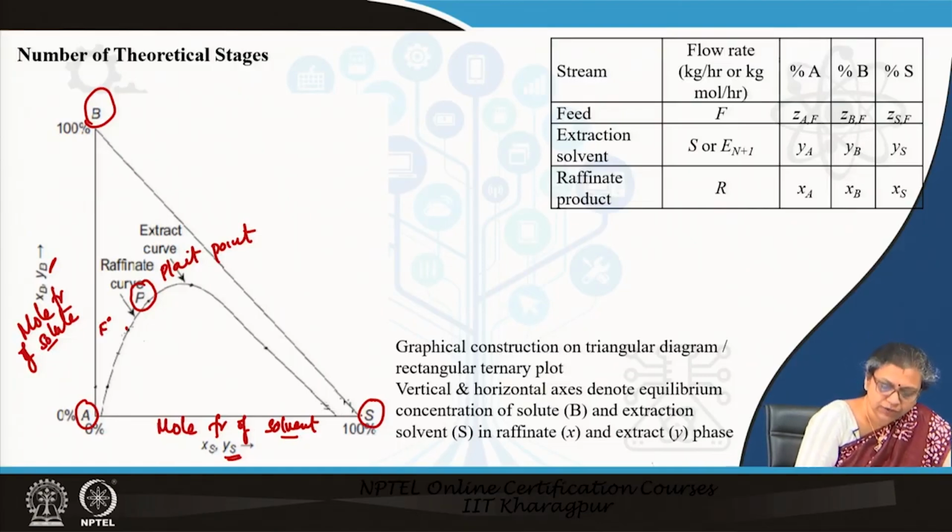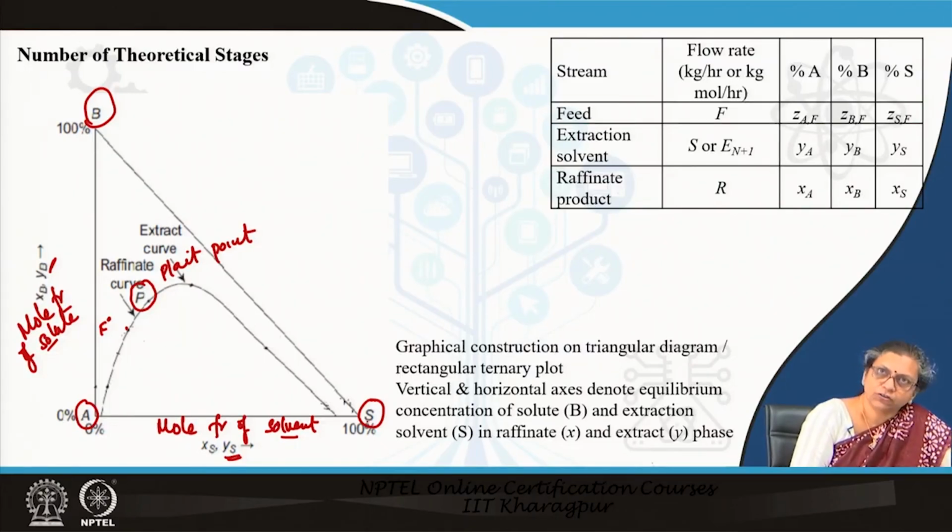Same thing, you need to locate the solvent point. If you are dealing with completely pure solvent, free of solute and as well as A, which generally does not happen, because we will always have some amount of recycled and recovered solvent, but it can happen when the feed solvent and the extraction solvent are completely immiscible. Then whatever small amount of A is there in S, we can neglect it.